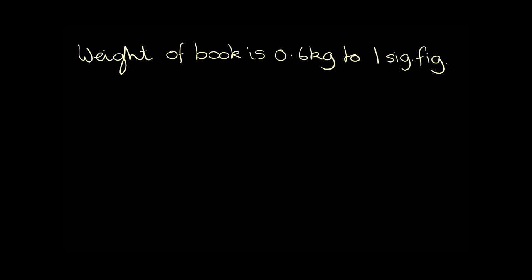So the weight of a book is 0.6 kilograms to one significant figure. So the first thing that we need to do is set up our little three-prong affair, and we're going to have 0.6 sitting in the middle. So this time it's told us it's been rounded to one significant figure.